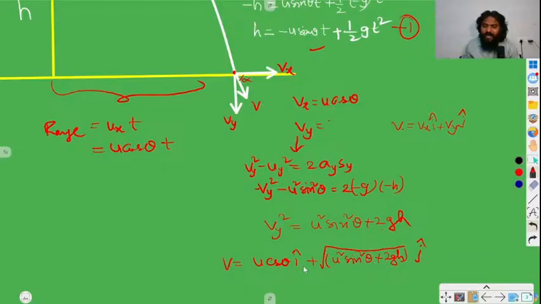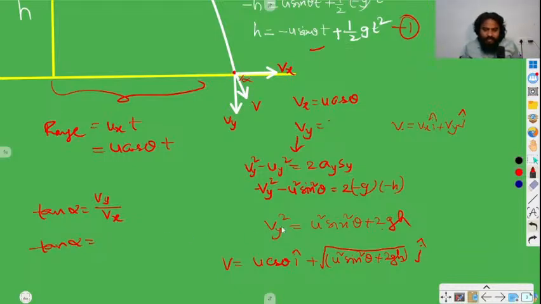Okay? Now if you want the angle alpha, you know very well, tan alpha is equal to opposite, means vy by vx, right? So from this, let me take tan alpha only. Tan alpha is equal to, what is vy here?